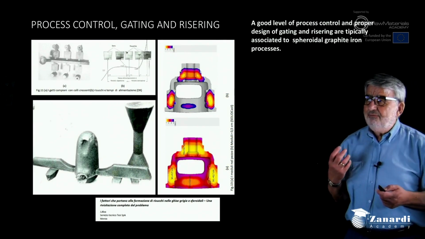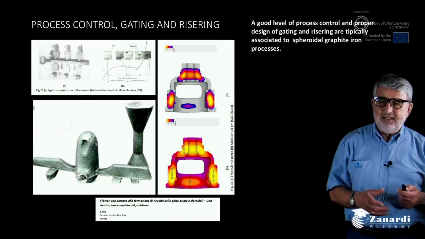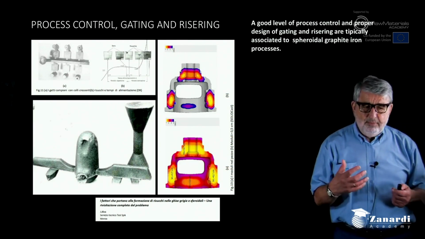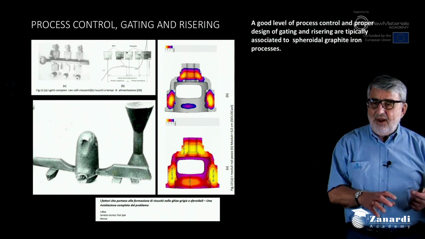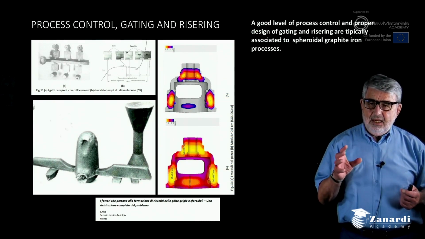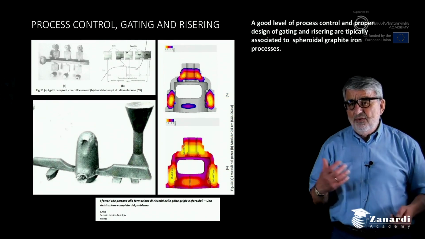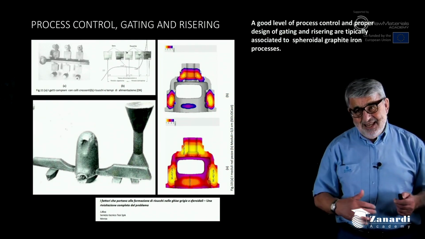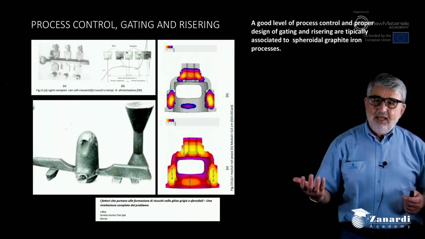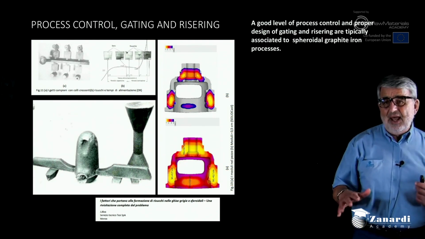So for ductile iron, or spheroidal graphite cast iron, the risering is much more important than with lamellar gray iron, and also the filling of the mold, to avoid slags entering into the casting that can come from the magnesium and sulfur reaction.